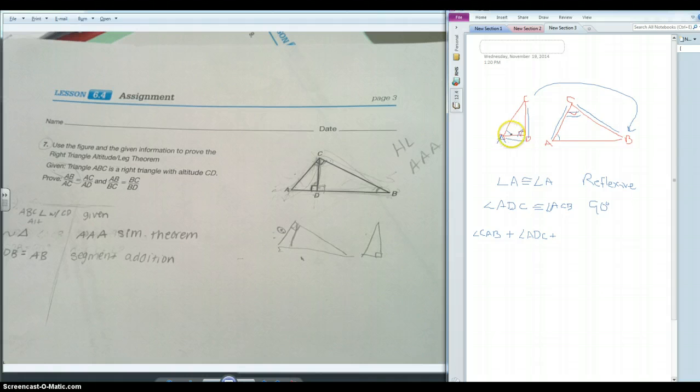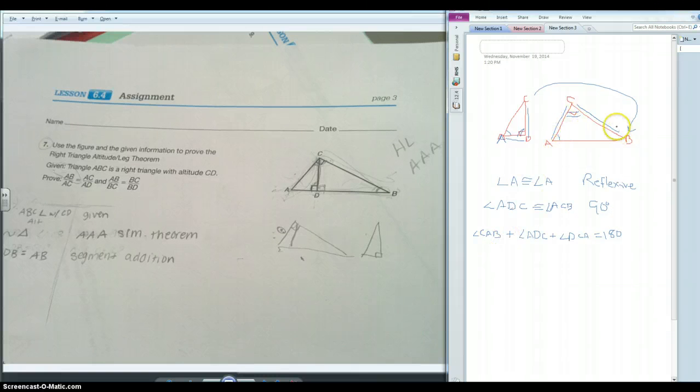Basically this angle plus that angle plus that angle equals 180, because that is what all triangles equal. Your reasoning is all triangles add up to 180.